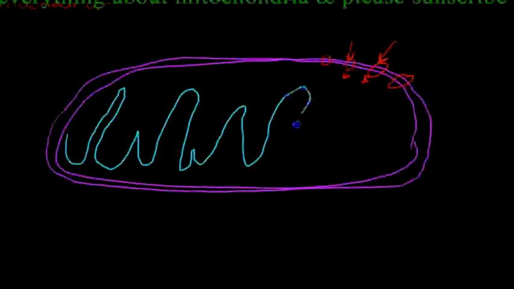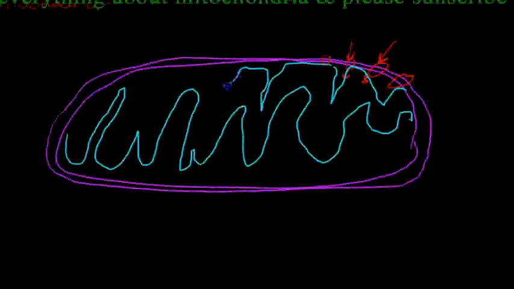And this tortuous membrane creates a matrix on the inside. And this matrix provides lots and lots of surface area, and the surfaces of the matrix are studded with enzymes.